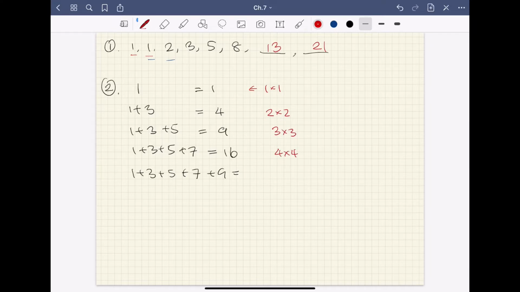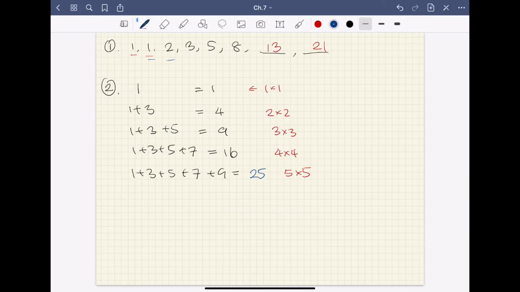So what would the next term be? I'll guess that it's 5 times 5, according to the pattern that we see here. So the next term will be 25. You can test our conjecture by adding these together: 1 plus 3 plus 5 plus 7 is 16, and 16 plus 9 is 25.